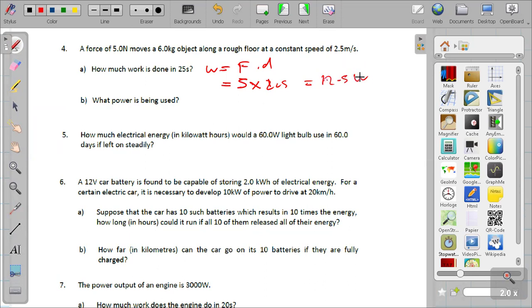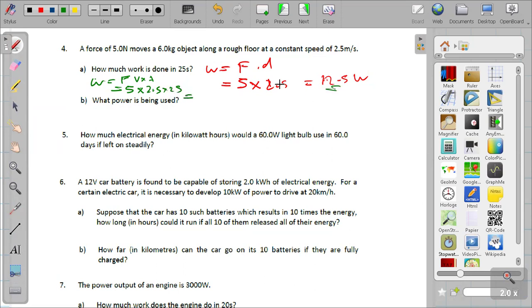Oh, sorry. Firstly, the amount of work done. Work done is power into time. 5 times 2.5 times 25 is the amount of work done.